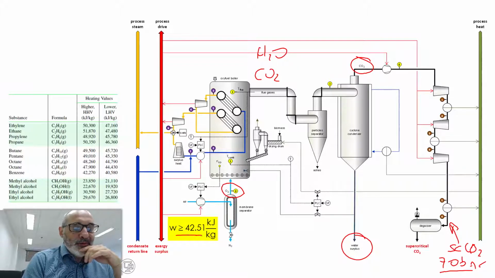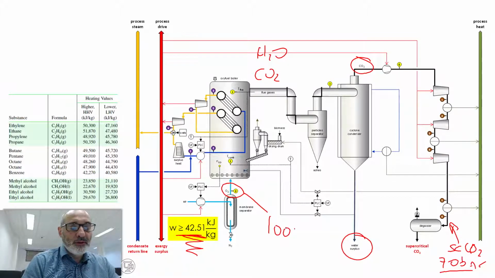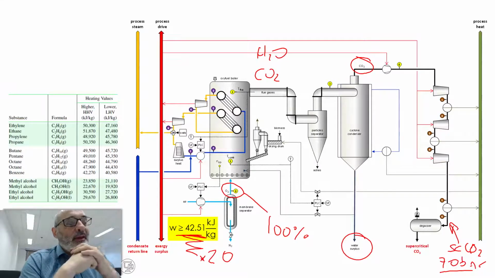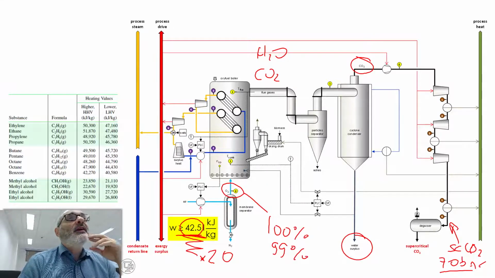The point is, if I'm spending too much work here in order to have pure O2, and I know that in practice this number can be 20 times bigger, is it possible to spend less by allowing the purity of oxygen to fall to 99% or 90% or something like this? We're going to make this calculation in a few moments.